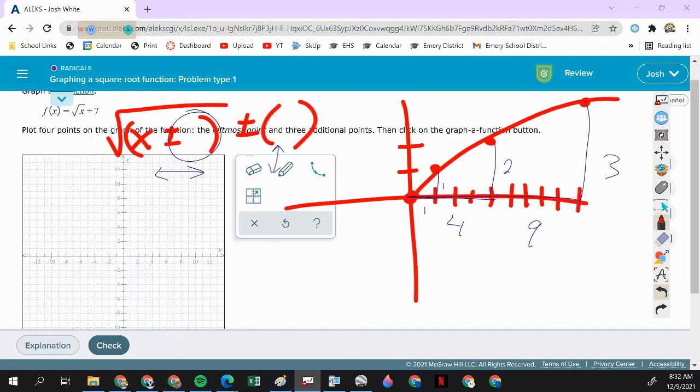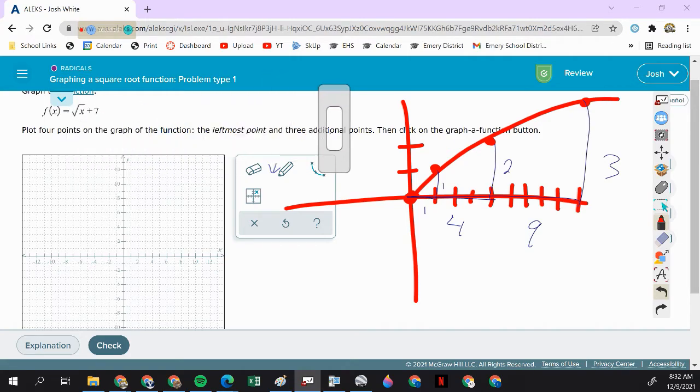So in this case, how far left and right are we going to shift this? How far up and down are we going to shift it? Up 7. So the starting point is up here at 7, and then we just follow that pattern. Over 1, up 1. Over 4, up 2.